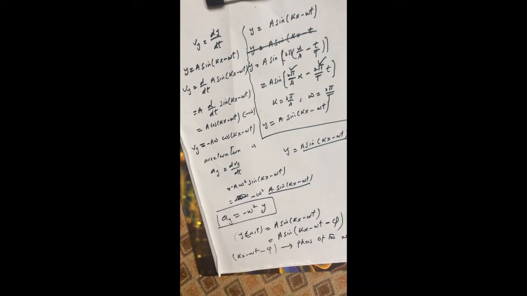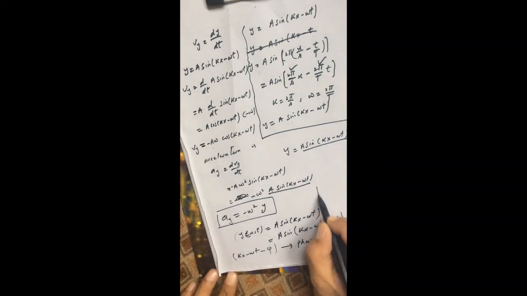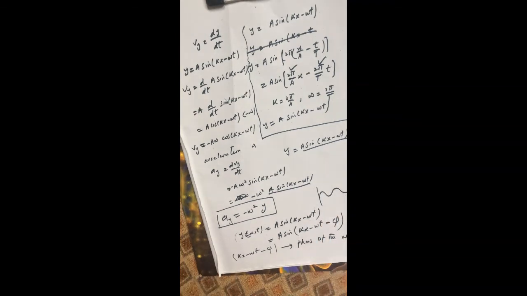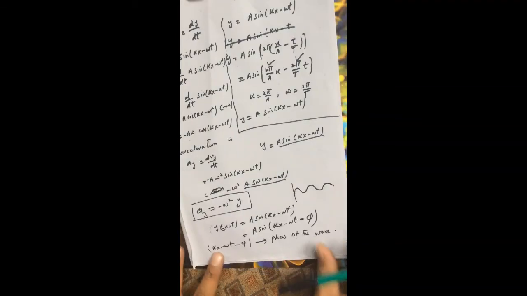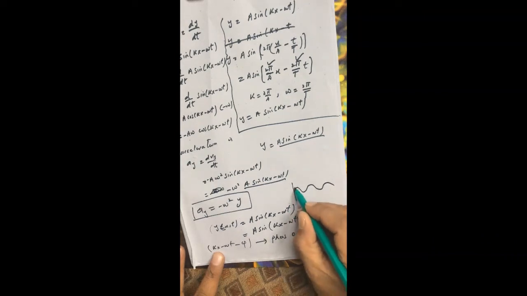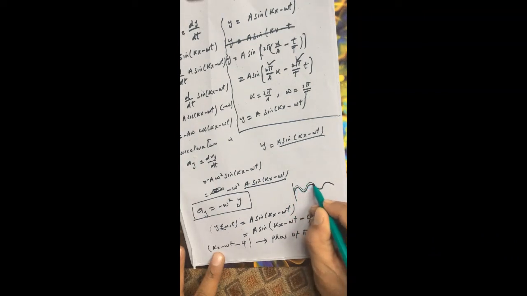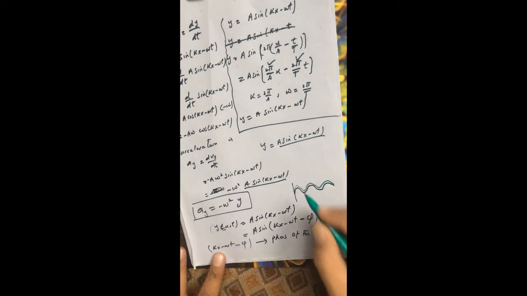If two waves are moving, they are said to be in phase if they have the same motion. Like if this is one wave, and we have another wave moving such that their movement is the same, then they are called in phase.